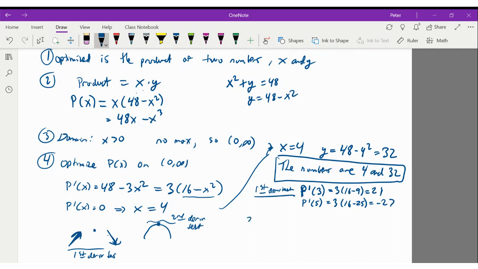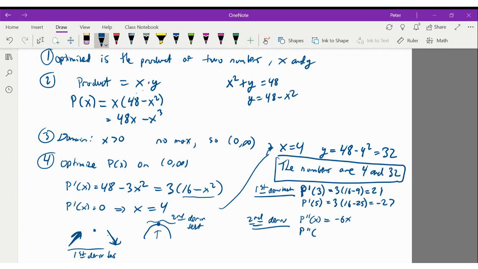For the second derivative test, let's see, p double prime of x: since p prime is 48 minus 3x squared, p double prime is negative 6x. This is why you like the second derivative test. All you have to do is plug in 1 point.